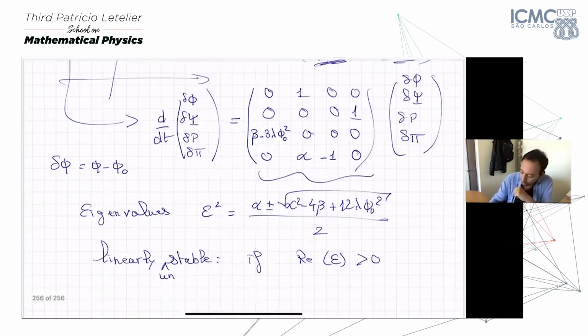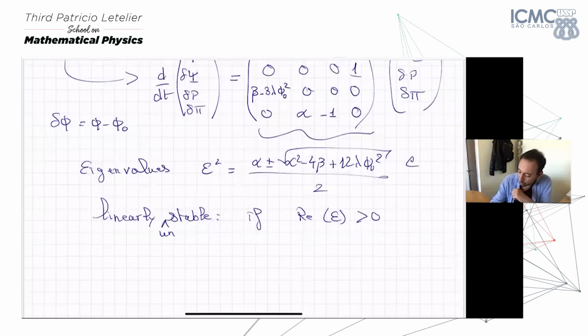The solution will be exponential of epsilon t. Epsilon can be imaginary, so you will have the real part times t plus i times the imaginary part times t. So what matters is this part. If the real part is positive, we are going far from the point, so the point is an unstable point.